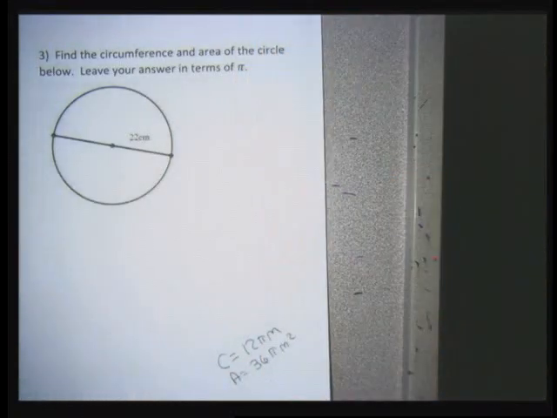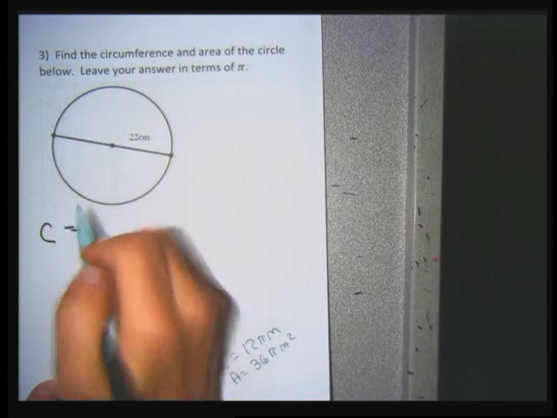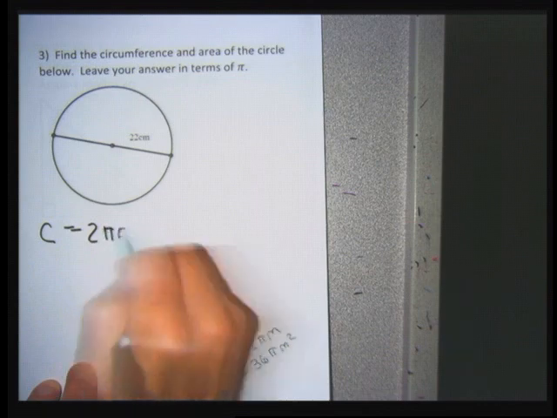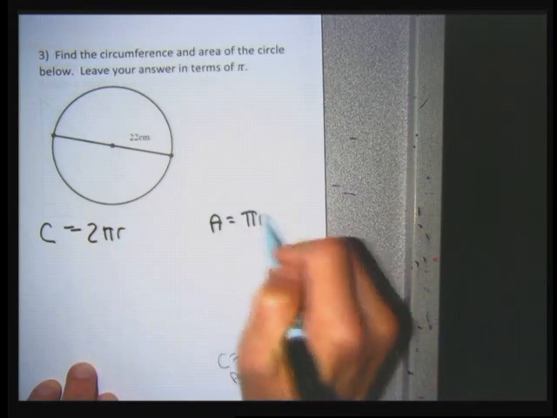So for a circle, the perimeter is called a circumference, and the instructions say to write my answer in terms of pi. So I need two formulas. The circumference of a circle is 2 pi r. The area for the circle is pi r squared.